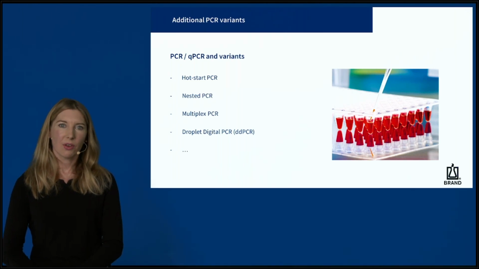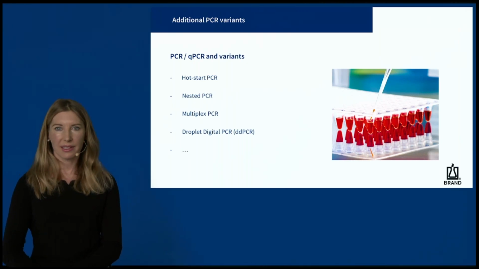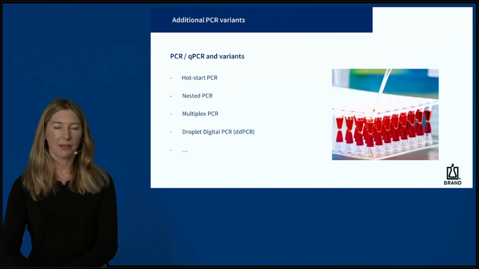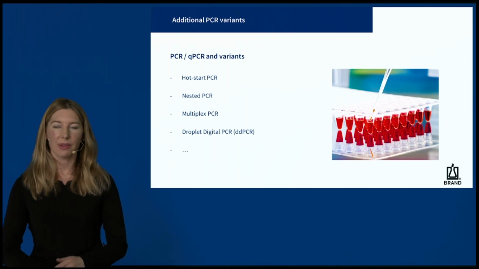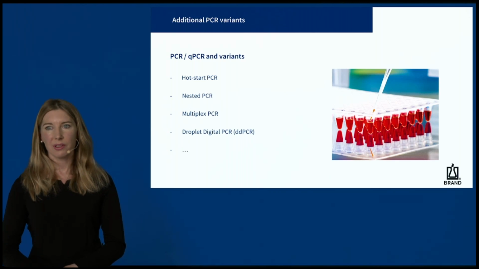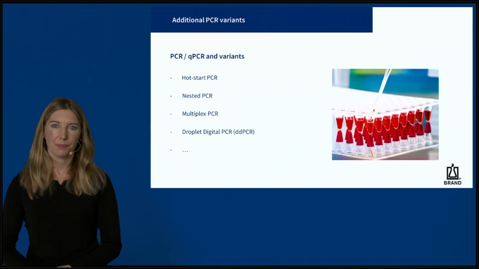Each partition contains only one target molecule or no target molecule, as well as a specific fluorescently labeled probe for each target. The reaction mixture is then read out. That means the fluorescent droplets with PCR product and the non-fluorescent droplets without PCR product can be counted to determine the concentration with a reading device similar to a flow cytometer.